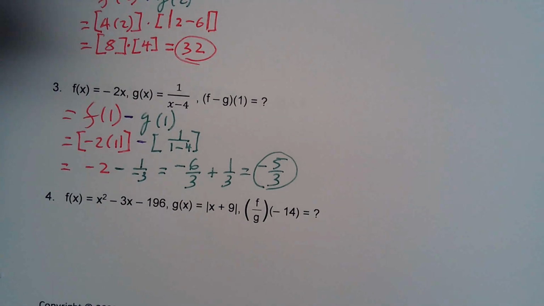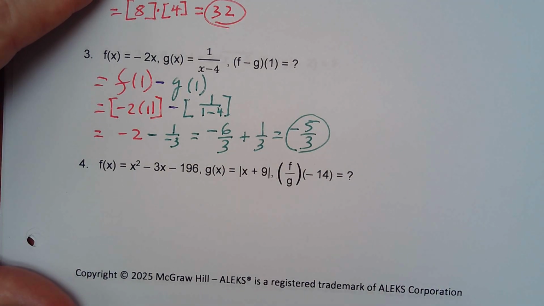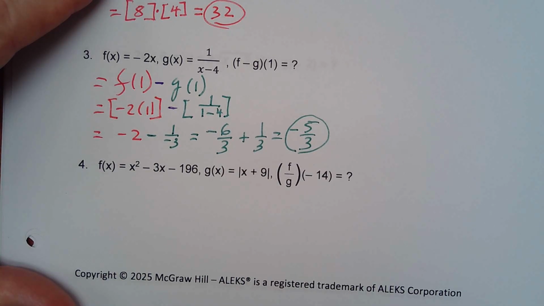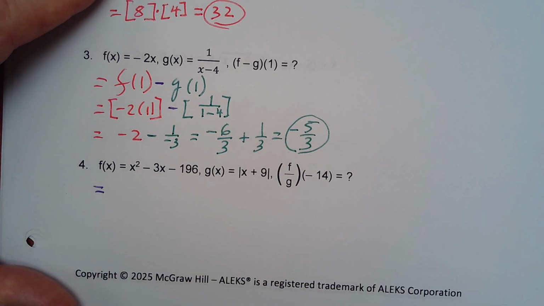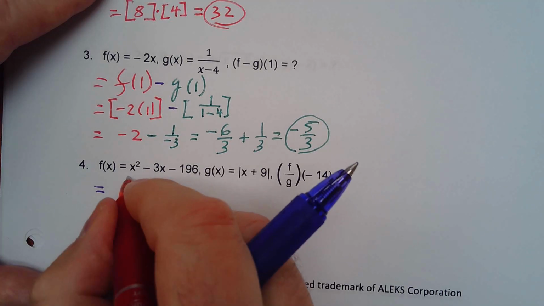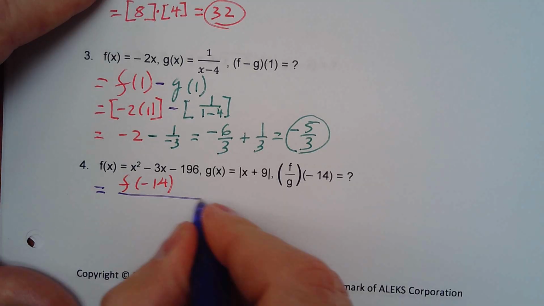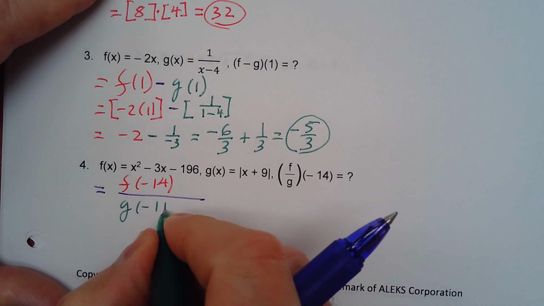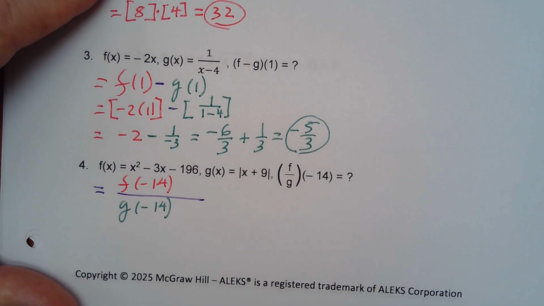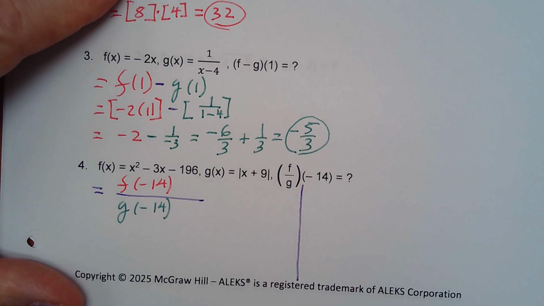Let's try number 4. And here we're dividing. So this is going to be equal to f of negative 14 divided by g of negative 14. And I think I'm going to go off to the side here and just figure out each one individually.